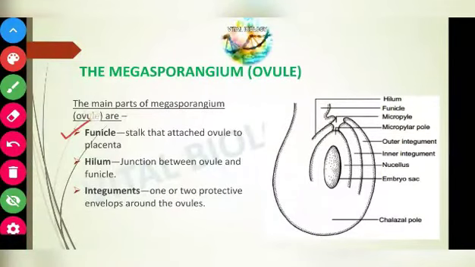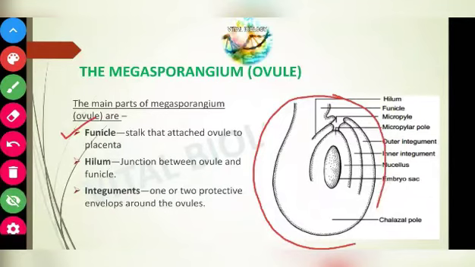The first part is the funicle. The funicle is a stalk-like structure that attaches the ovule to the placenta. Let us take this as the placenta here. For the placenta, this funicle is attached with the ovule.